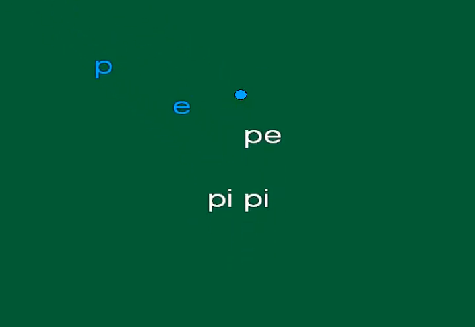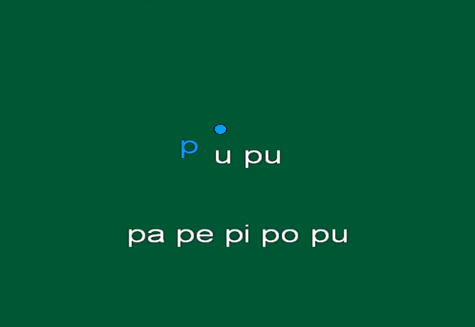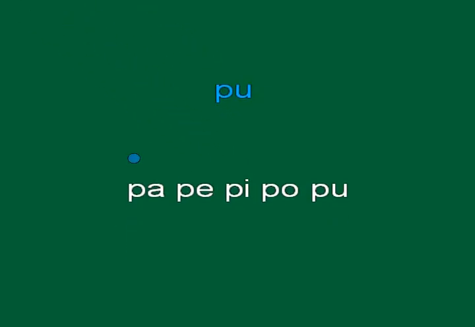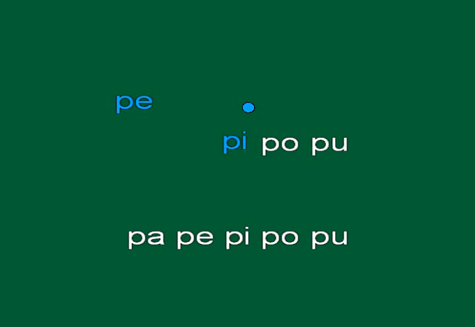We move on to the P sound. P, a, pa. P, e, pe. P, i, pi. P, o, po. P, u, pu. Pa, pe, pi, po, pu.